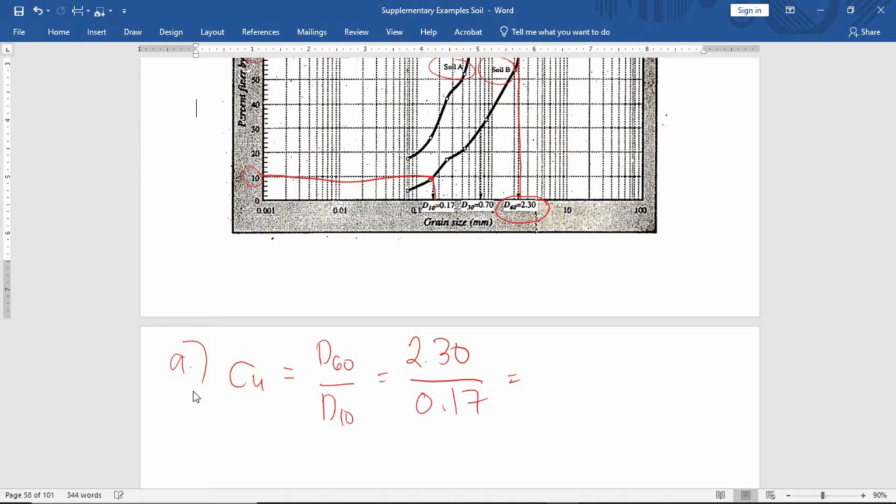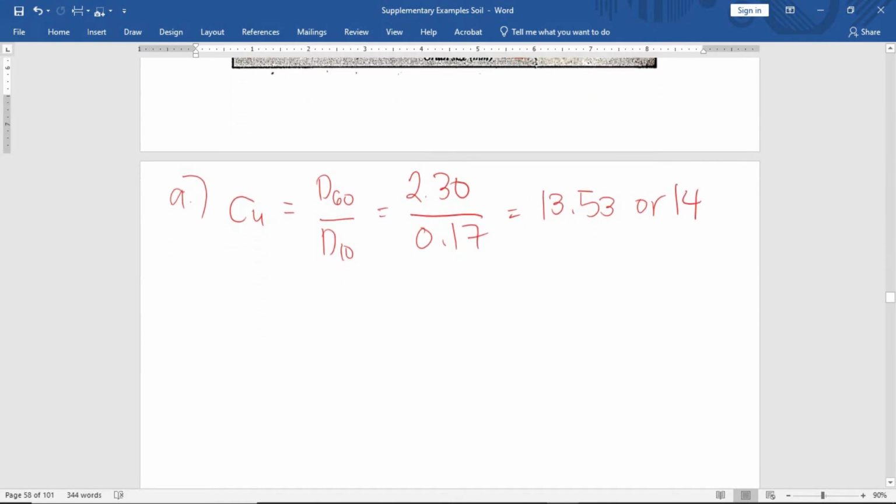Sagot natin is 2.3 divided by 0.17, 13.53 or 14 na natin. Simple yung letter A.